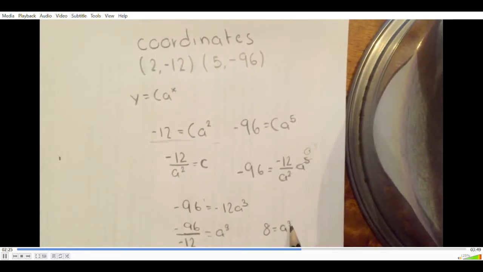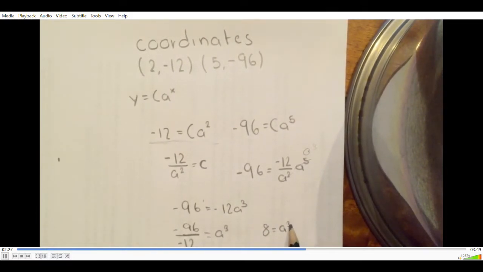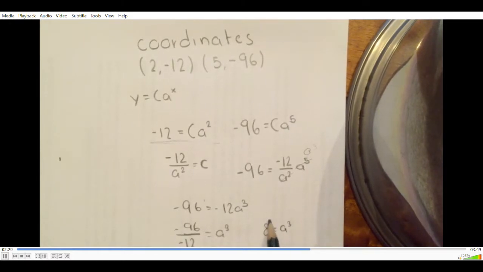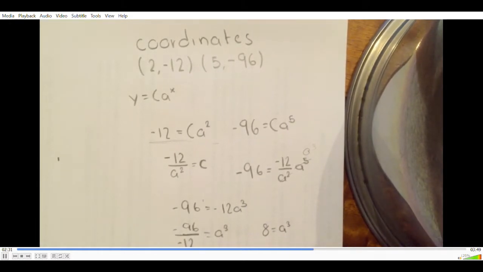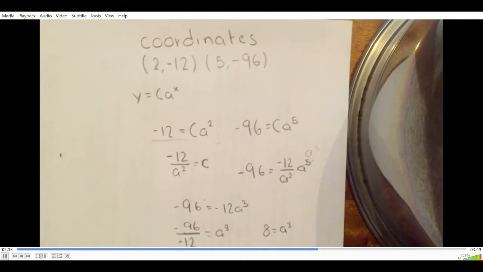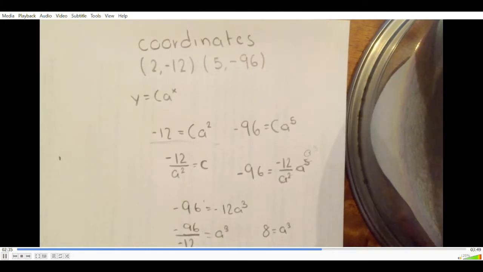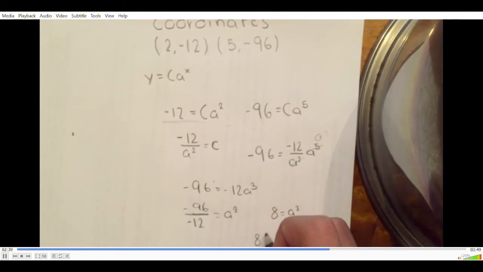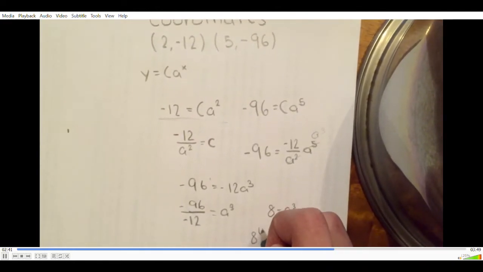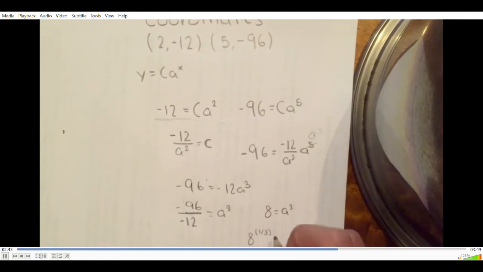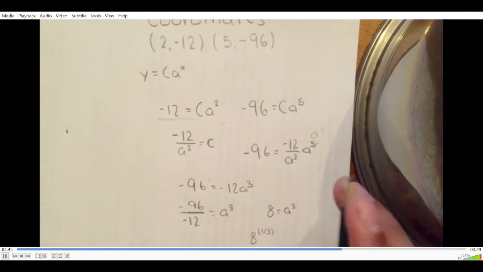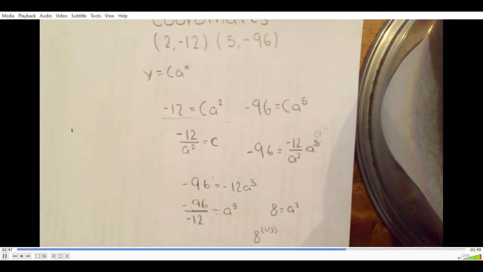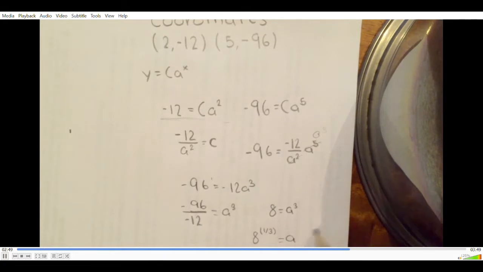Because we have a 3, we need to pass it to the other side in the exponent as a division, or as 1/3, multiplying by 1/3. So 8 to the power of 1/3 is equal to a.